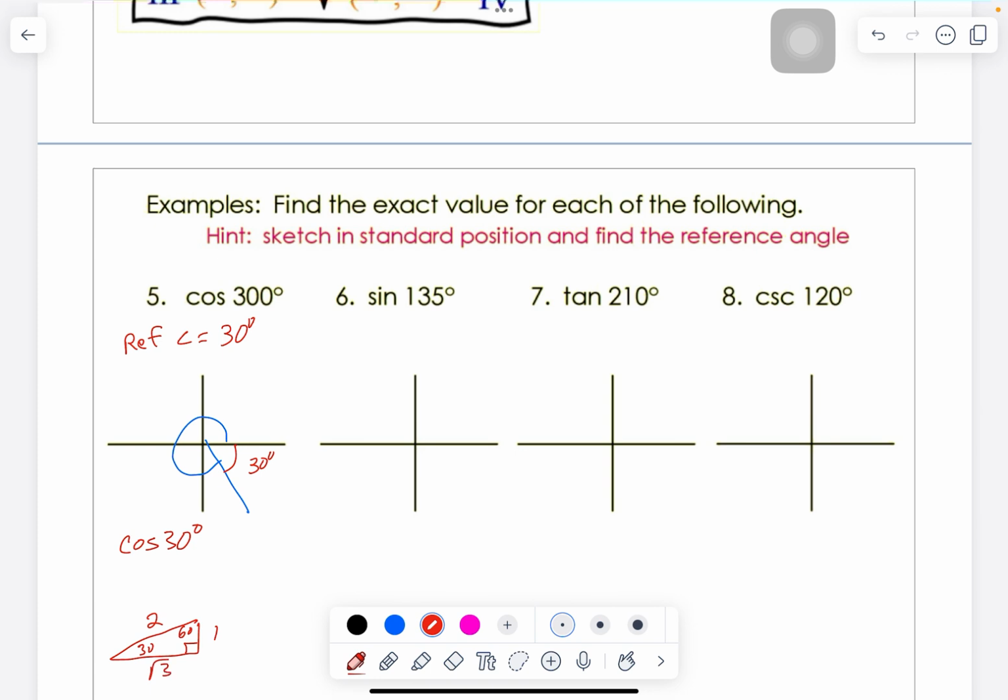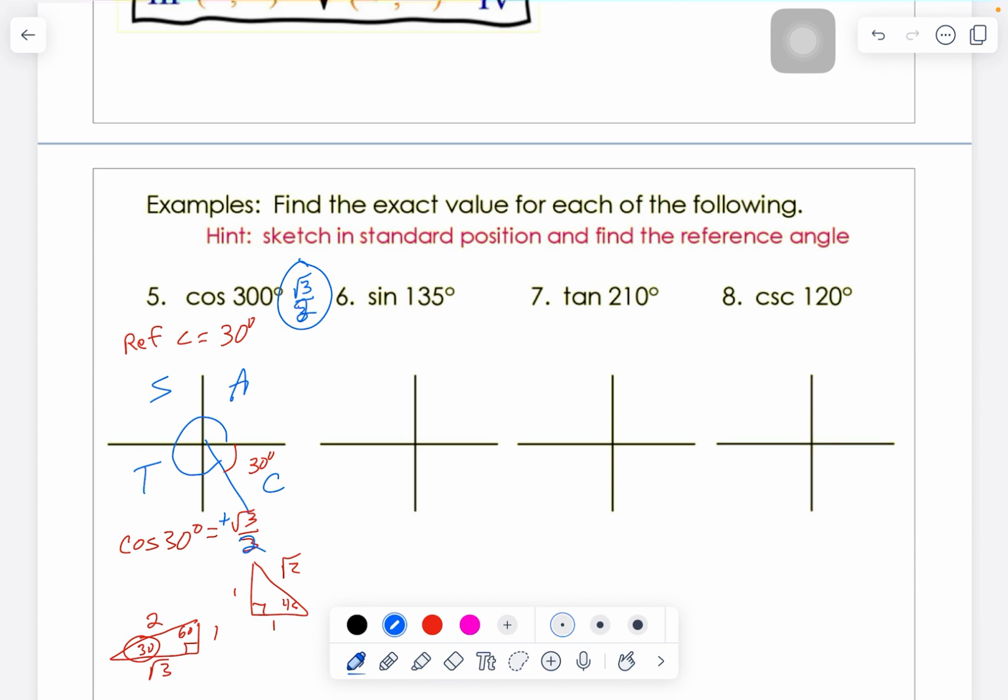It might not hurt also to do the same thing for your 45 right triangle as well. But cosine of 30, adjacent over hypotenuse, would be the square root of 3 over 2. But because of All Students Take Calc, in the fourth quadrant, cosine's positive. Hey, guess what? It stays positive. So the cosine of 300 is the square root of 3 over 2. Sorry, not 3, 2.